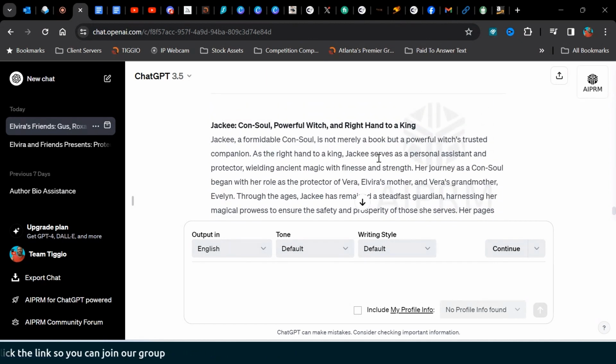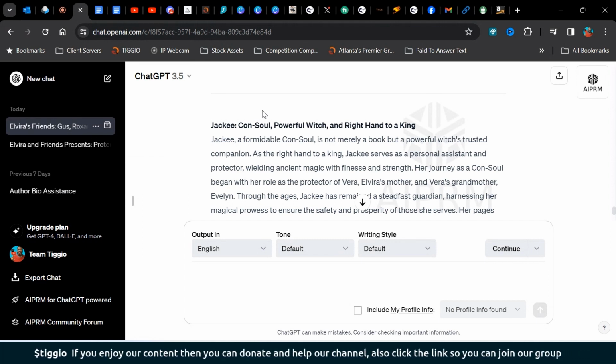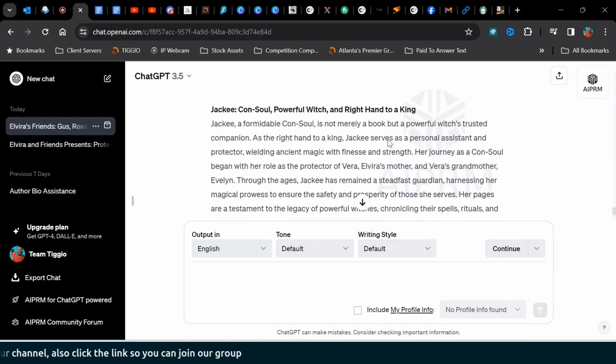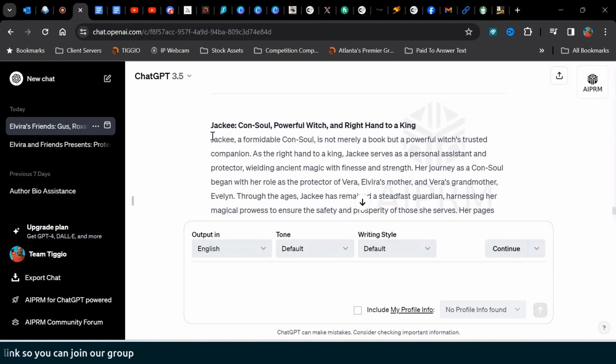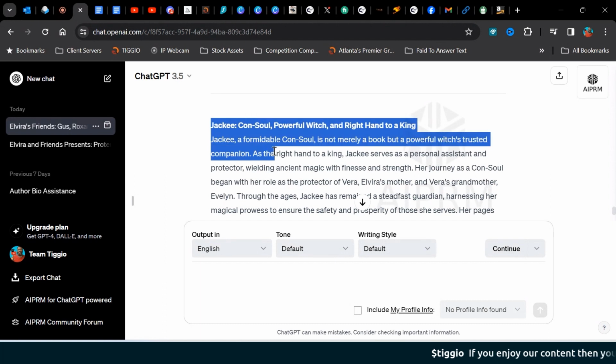So you got to understand when you're doing your book, you need to have all of this stuff pre-written, constructed before you take it to ChatGPT. All right, so Jackie, a formidable console, is not merely a, no, she's not a book. So we need to fix this. Jackie is a purse.